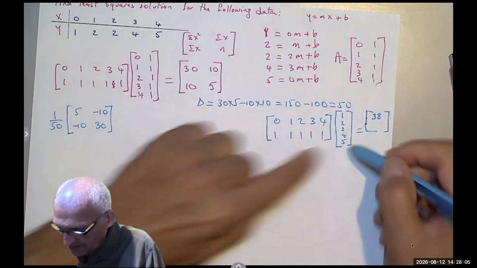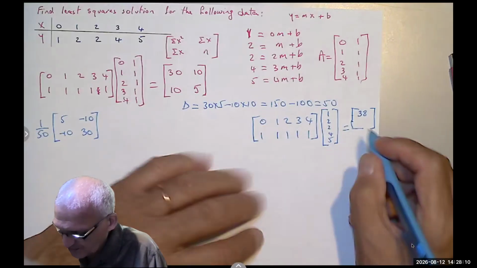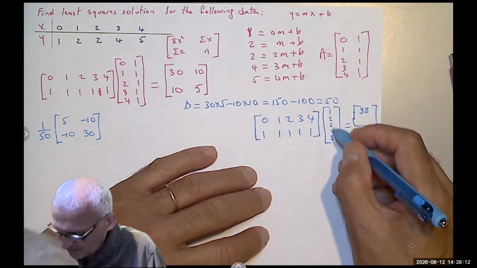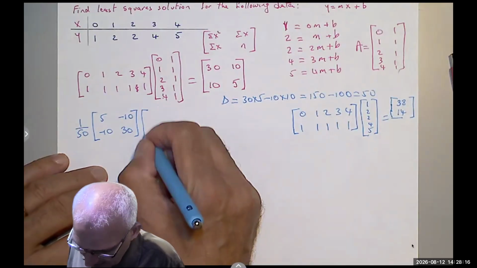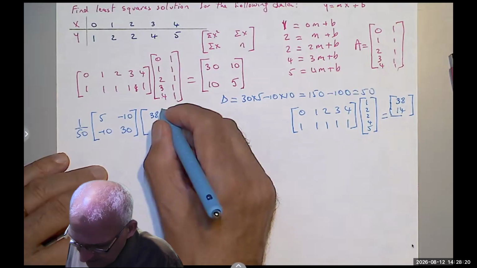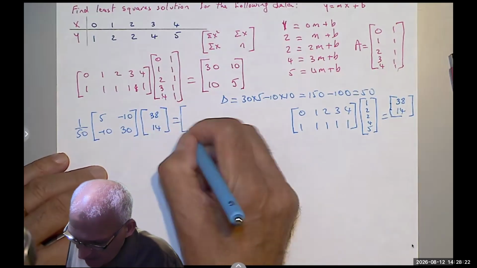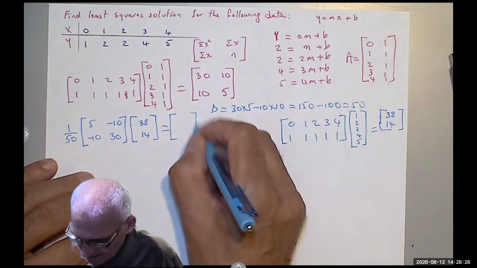And then this is the sum, right? 1 plus 2 plus 2 plus 4 plus 5. So that's what, 14? 4 and 4, 9, 14. So I'm going to multiply that by 38, 14 to give me m on the top and b at the bottom, mx plus b, right?